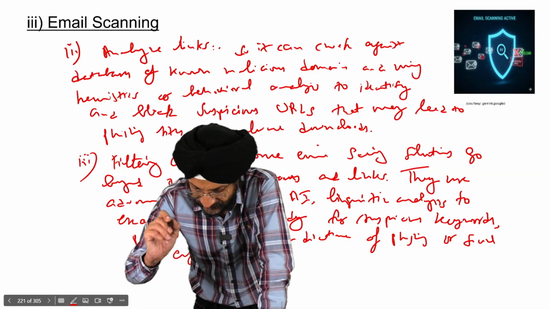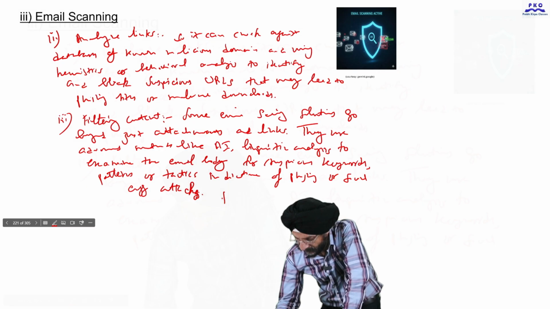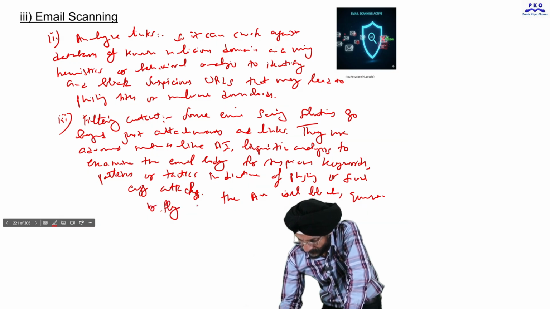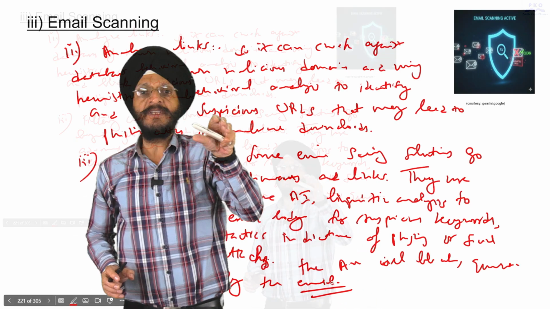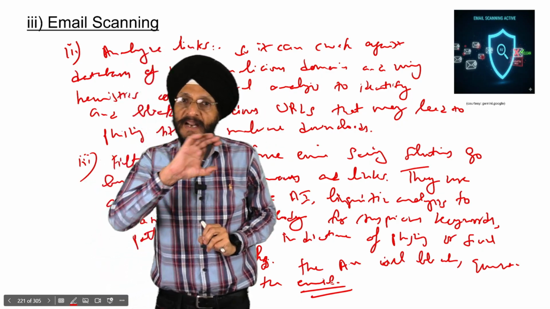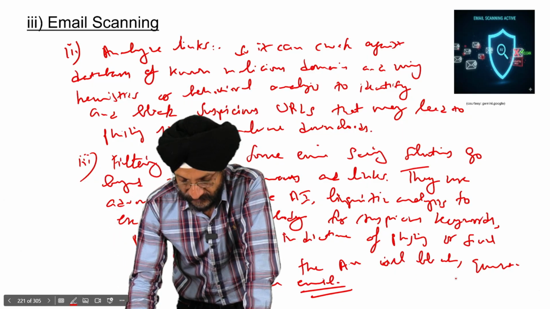So, if a threat is detected by this email scanning technique, the software, that is the antivirus software, will block, quarantine, or flag the email. If the threat is detected by going through the email body, attachment or link, then the antivirus will block, quarantine, or flag the email.